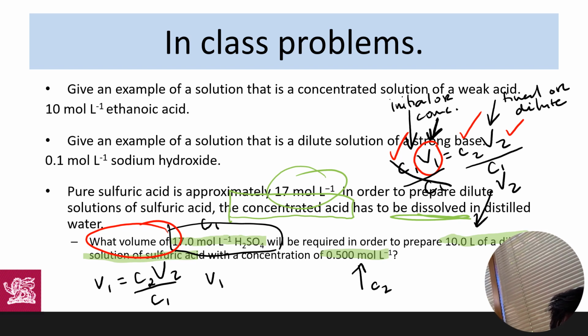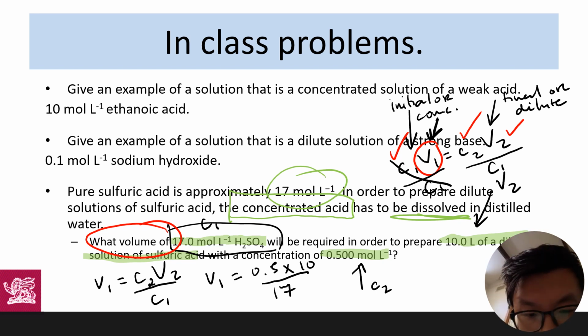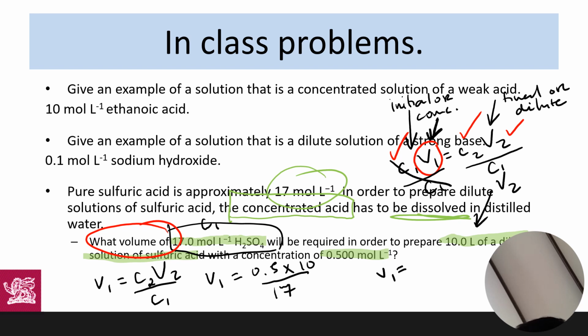The volume that I need is equal to 0.5 times 10 divided by 17. And my calculator says that it's equal to 0.294 liters.